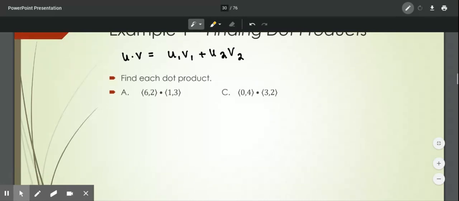So in A, if we have these two vectors, if we do the dot product, what we have to do is 6 times 1 plus 2 times 3, which is 6 plus 5. And so you get 11.